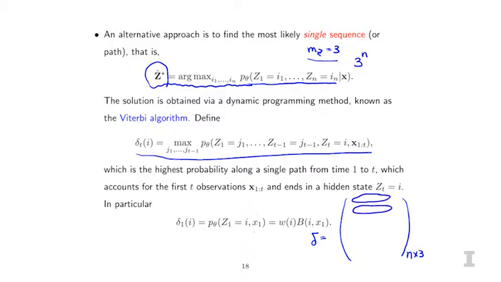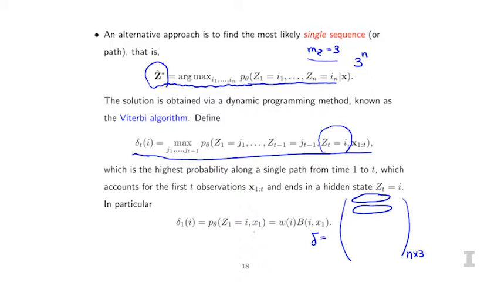So what is the definition of delta? What is the value of the tth row, delta t i? It is the highest probability of a latent sequence z1 through zt together with the observed sequence x1 to t, but we require the latent sequence to end at i, meaning z sub t is equal to i.